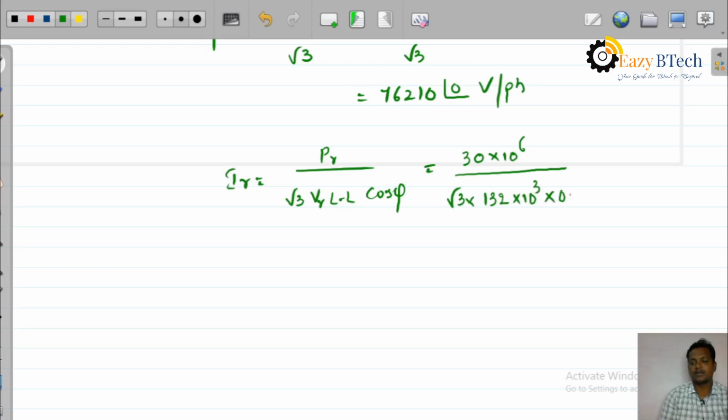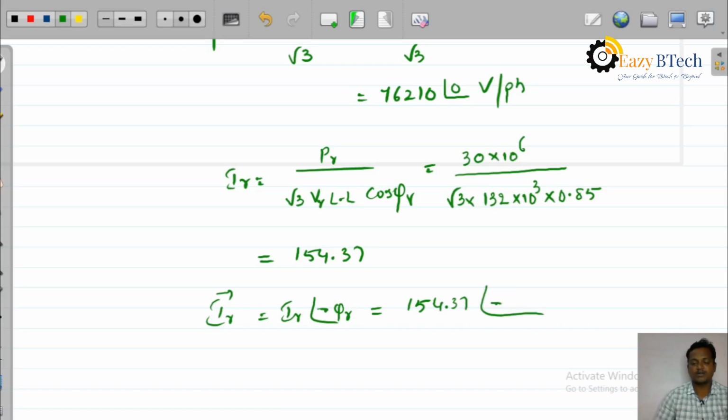Power factor given is 0.85. Therefore the current is 154.37. We represent the IR vector as IR at an angle minus phi R. I know the magnitude of IR, it is 154.37.